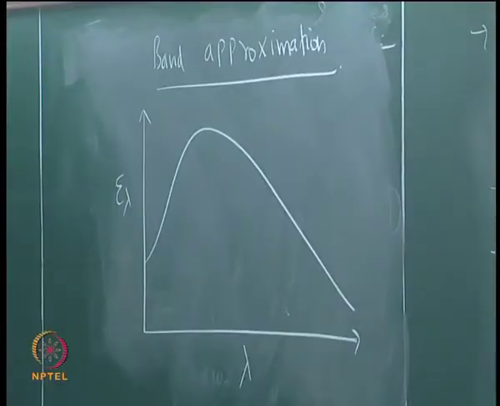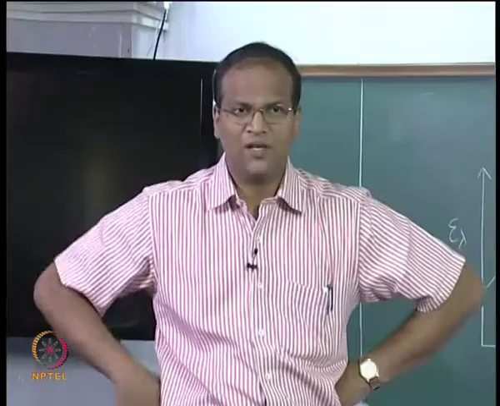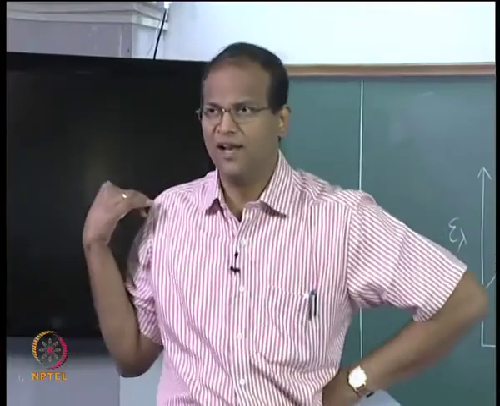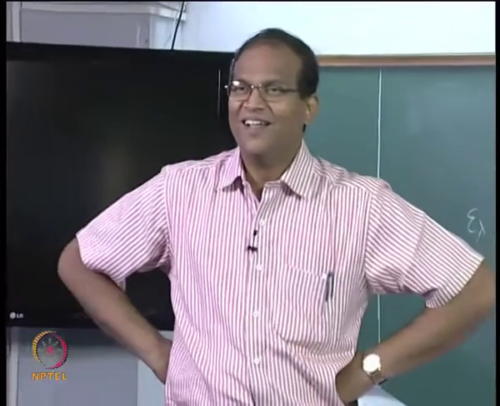Let the spectral hemispherical emissivity of a surface be like this. I want to use a spectral radiosity formulation. I can't use a grey body. It is far from being a grey body. It is multicolor.